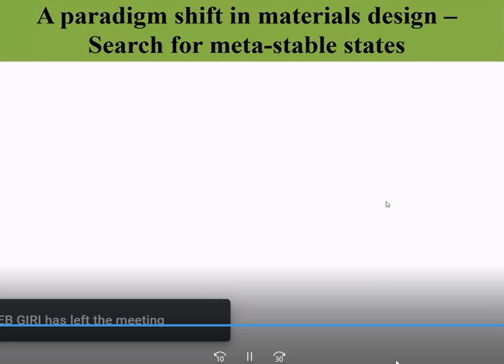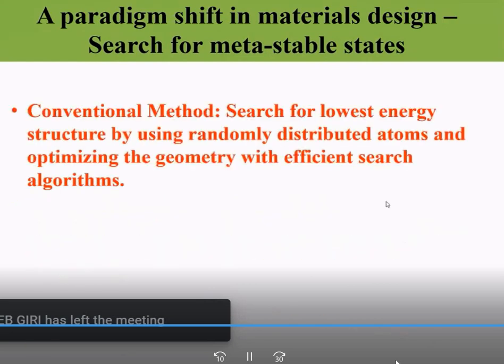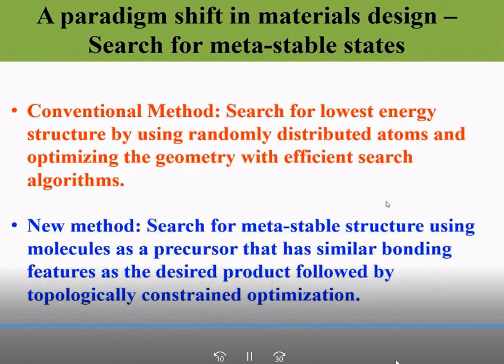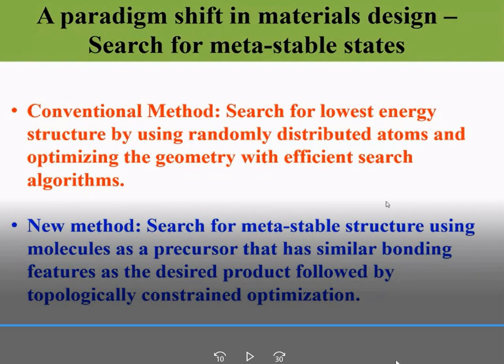The conventional technique is that you always try to find the lowest energy structures. Our method is not to find the lowest structure, but a metastable structure with a large energy barrier. Then once you get in there, you get stuck, just like in the case of diamond.